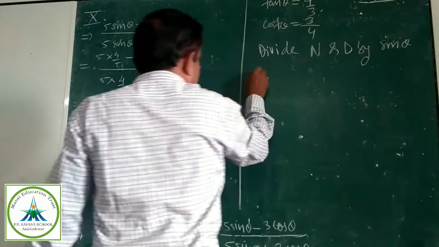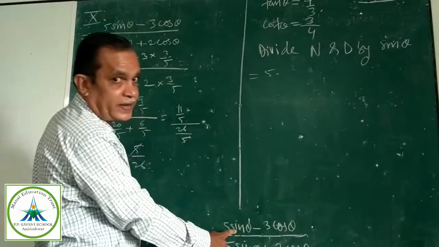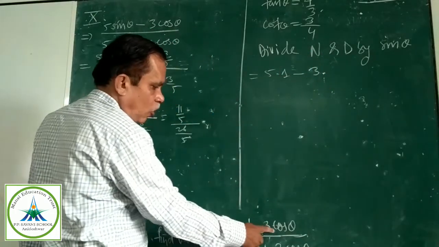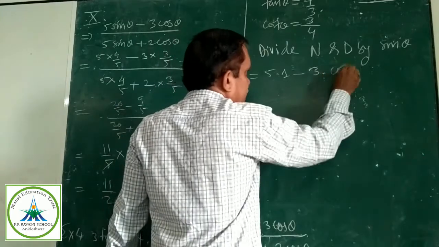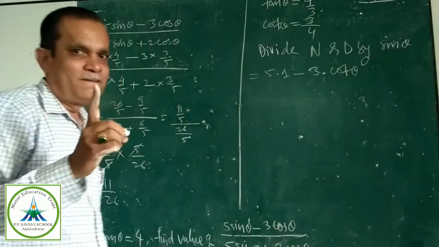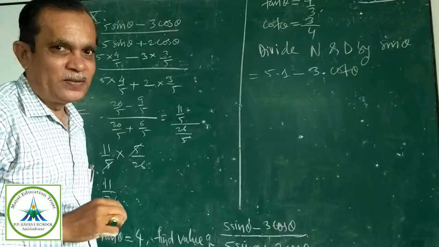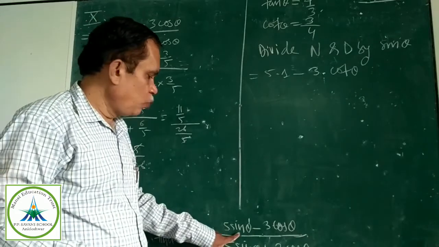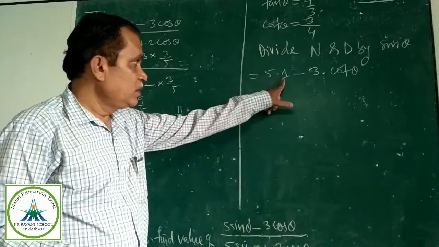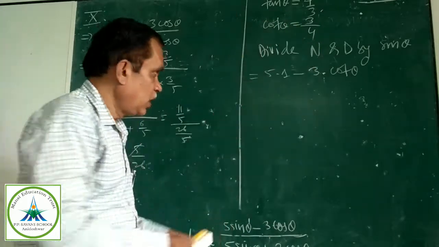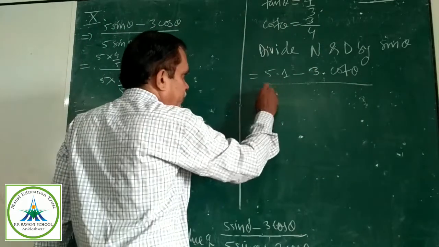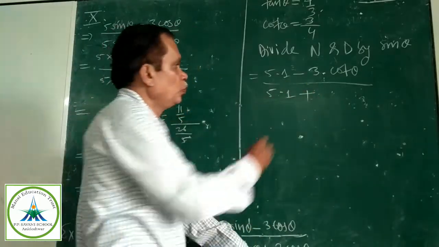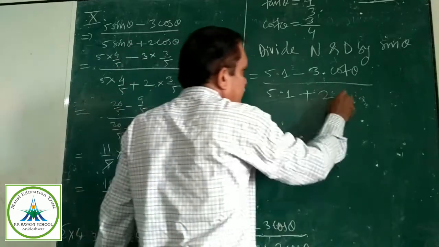Sine upon sine is 1, minus 3 cos upon sine, cot, upon 5 sine upon sine, 1, plus 2 cos upon sine, cot.